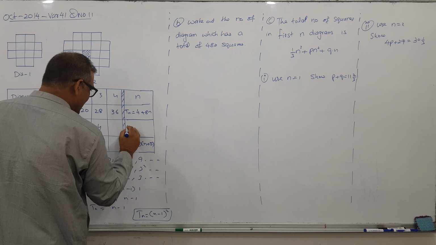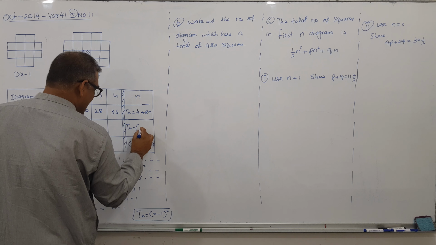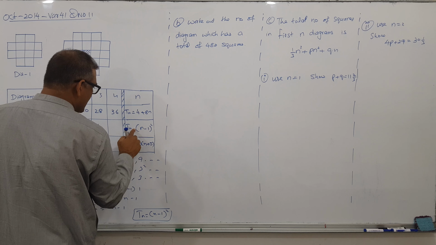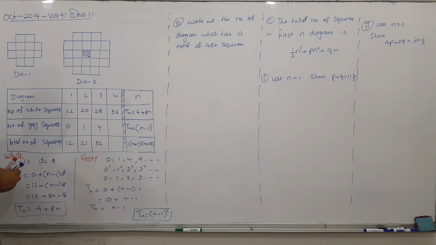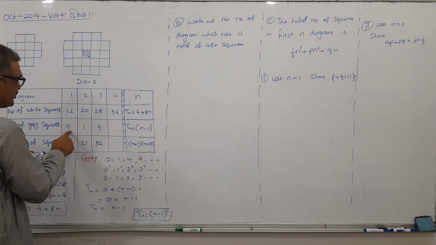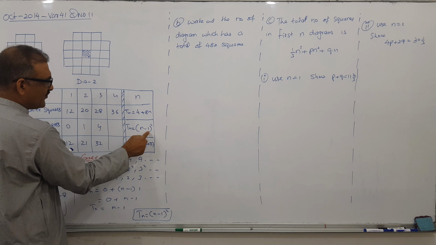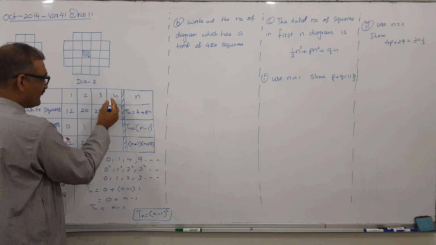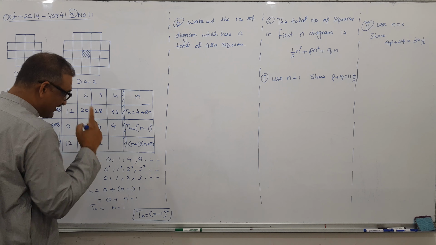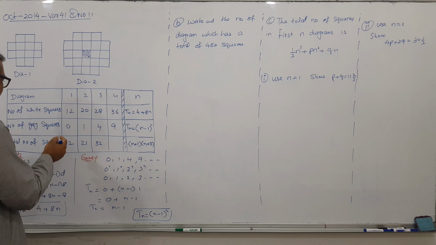So here I'm writing the nth term is N minus 1 whole squared. We can check: put 1, 1 minus 1 is 0. Put 2, 2 minus 1 squared is 1. Put 3, 3 minus 1 is 2, squared is 4. Put 4 and we get 9. Is it correct? It works.